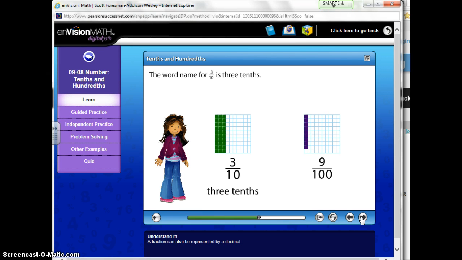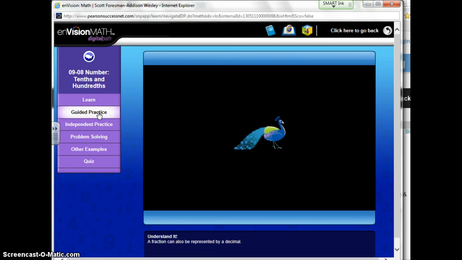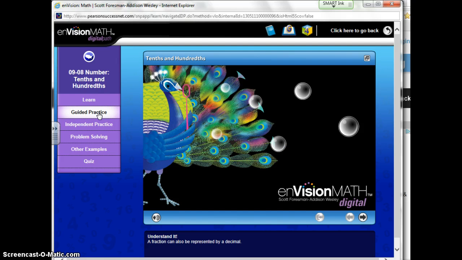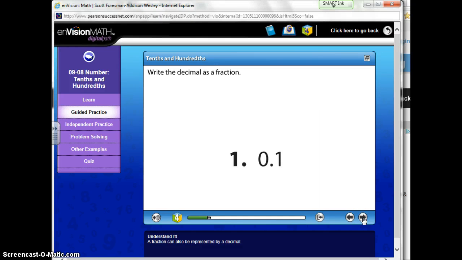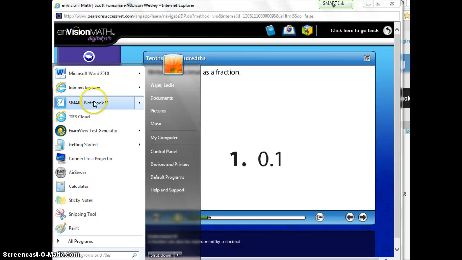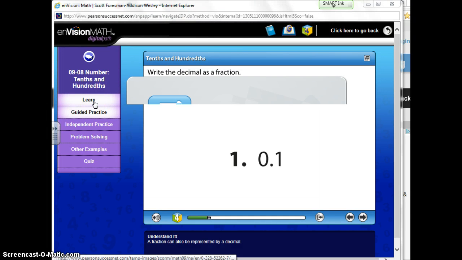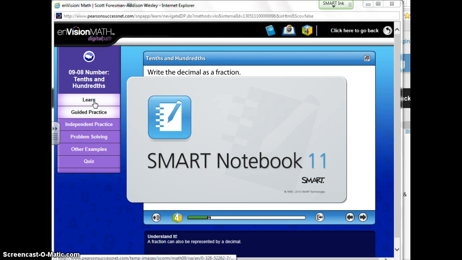Let me do a quick review and see if you guys can show me what you know here. I'm going to write 5 decimals on my smartboard. And if you know how to say them, I want you to raise your hand.